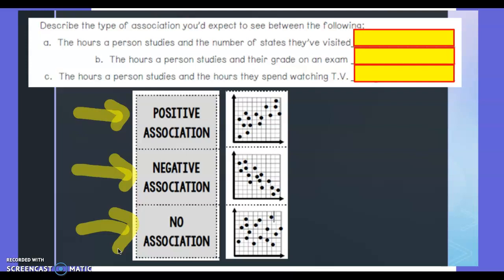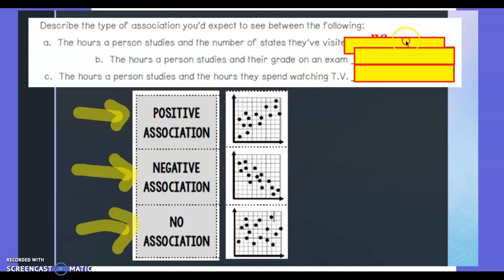So how do you think those compare to each other? Is one increasing while the other is increasing? Is one decreasing while the other is decreasing? Or do they really not relate to each other at all? Do you think the number of hours that a person is studying is going to increase the number of states they're visiting? Or will it decrease the number of states they're visiting? Or does it not even relate?